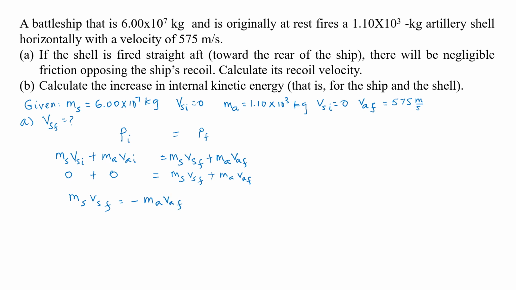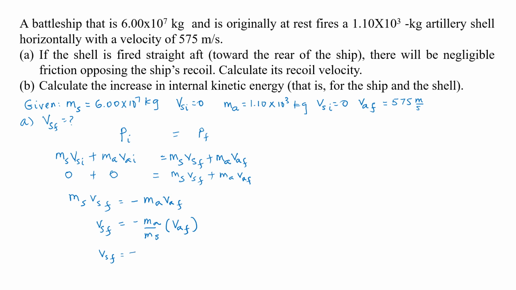And from that we can just divide both sides by mass of the ship, and that yields negative mass of the artillery shell divided by the mass of the ship multiplied by the velocity of the artillery shell after it's fired. That means final velocity. So the velocity of the ship after the artillery is fired will be equal to, let's plug in the numbers.